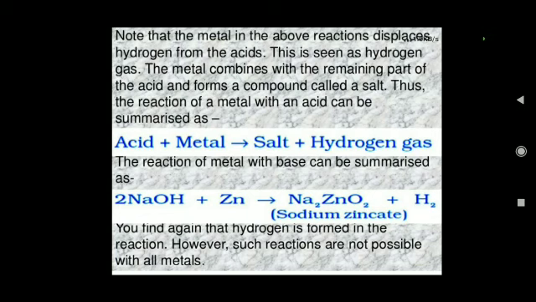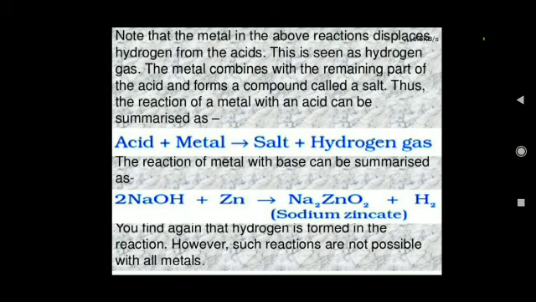In this reaction, the salt formed is sodium zincate, that is Na2ZnO2.